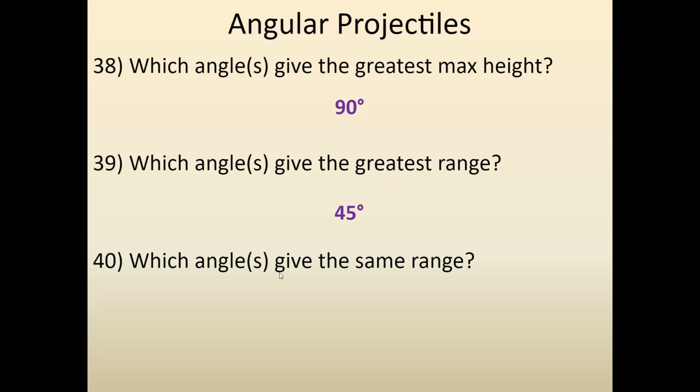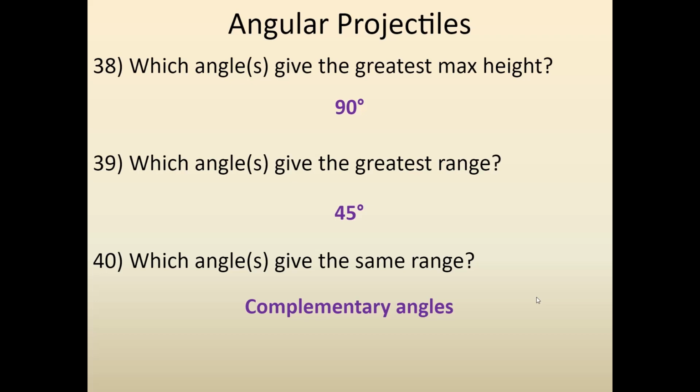And then the angles that give the same range turn out to be complementary angles. Again, this only really applies to surface projectiles, symmetric projectiles, in the sense that it starts at a height and lands at the same height. But any two angles that add up to 90 degrees will always give you the same range. So 30 and 60 degrees give you the same range.